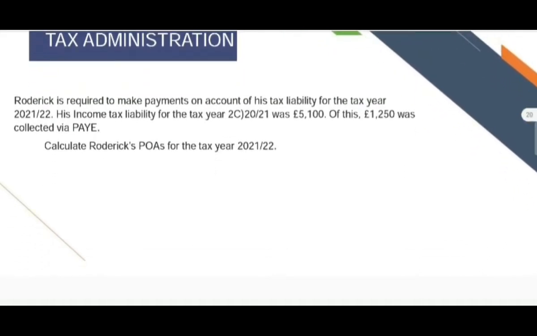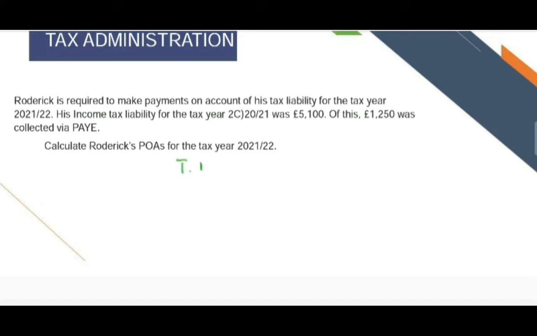For example, Roderick is required to make payments on account of his tax liability for the tax year 21-22. His income tax liability for the tax year 2021 was 5100. Of this, 1250 was collected through the Pay As You Earn system. Calculate Roderick's payments on account for the tax year. Remember, you first need to calculate the relevant amount.